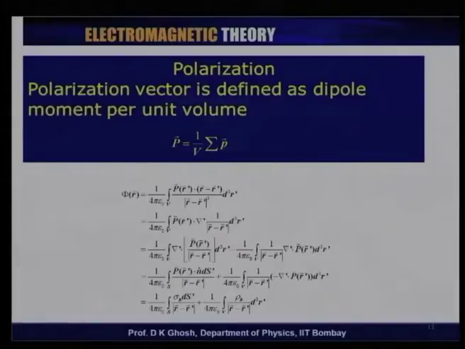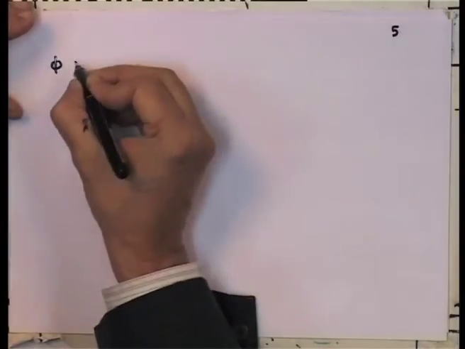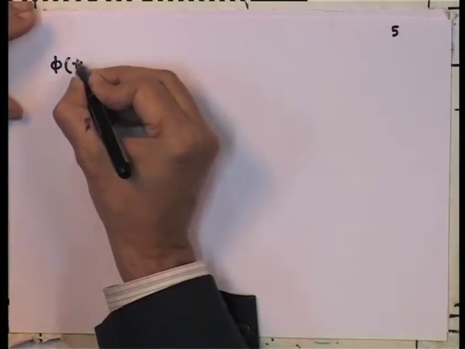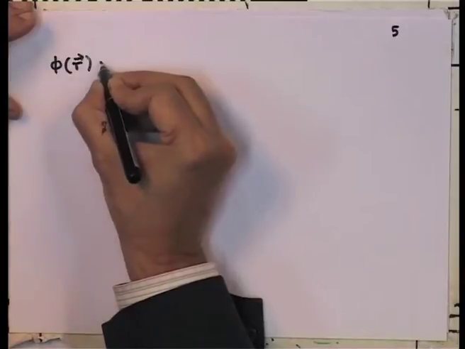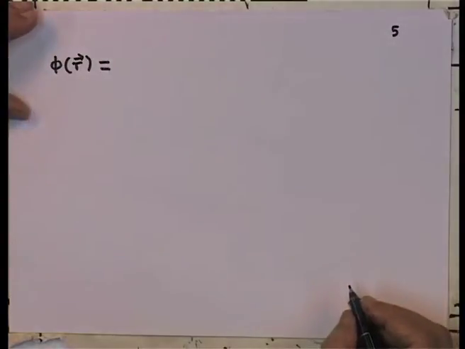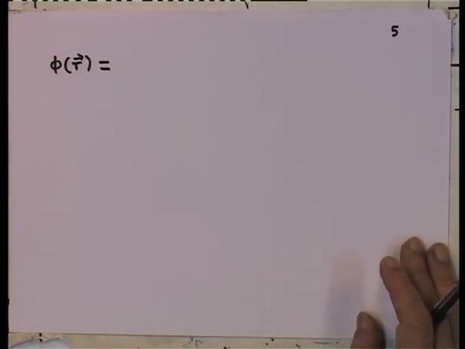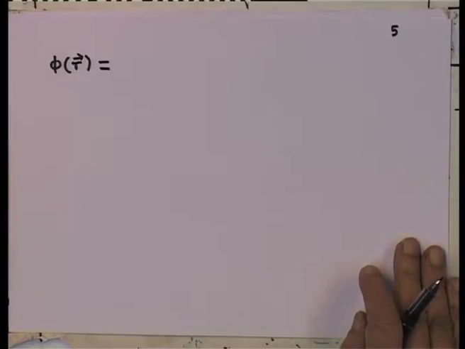So, at this moment, let us forget about the first term, let us forget about the quadrupole moment term, and let us write down what the situation is with respect to the dipole moment term. So, phi of r due to the dipole moment, suppose I assume that the body is electrically neutral, so that the first term is 0 because total Q is 0.